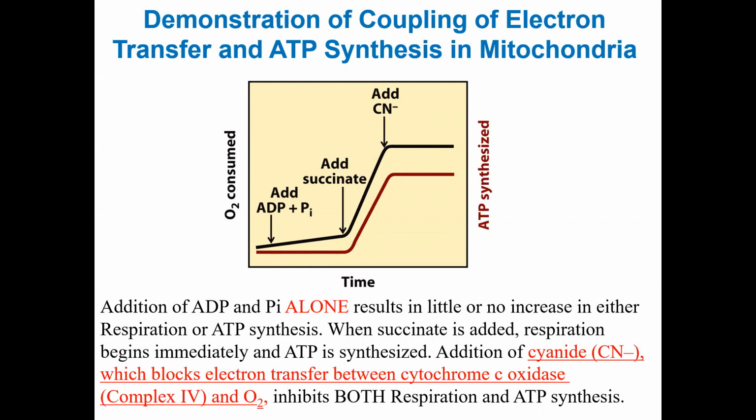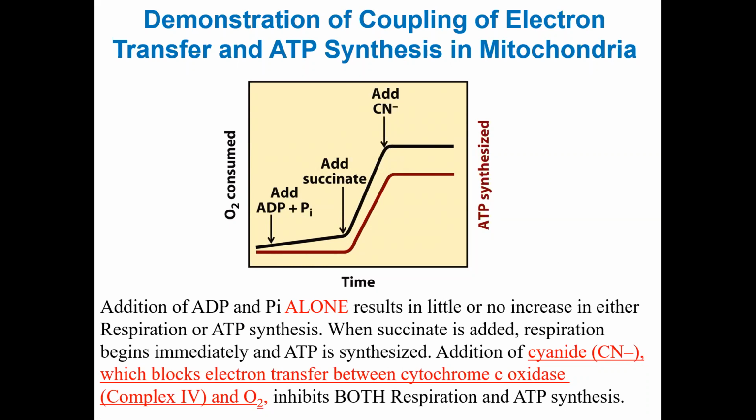Can you do an experiment where you can demonstrate that the process of electron transfer is coupled to ATP synthesis in mitochondria? This is a very cool experiment people did. You can isolate mitochondria and keep it alive in appropriate buffer, so you can do these experiments very easily in the laboratory.